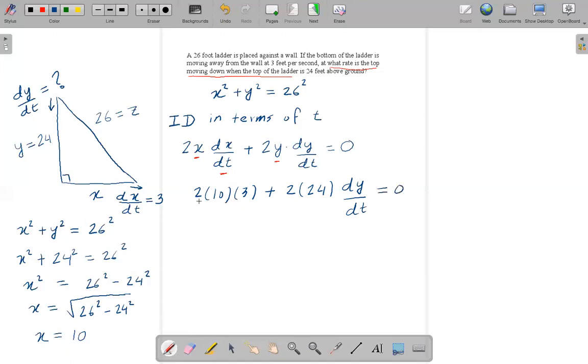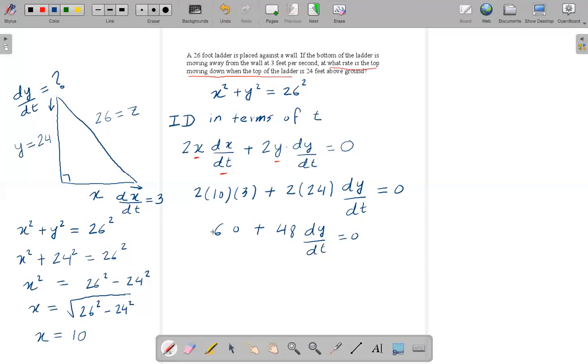From this, 10 times 3 is 30, 30 times 2 is 60, plus 48 dy over dt is equal to 0.